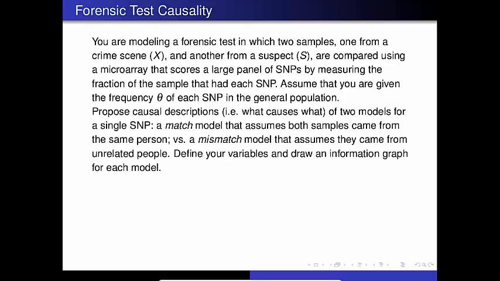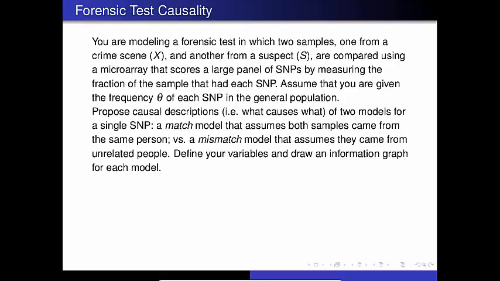X and S are both dependent on like kappa. Right. So basically when we say that they're from the same person, we've got to put some kind of random variable here representing the genetic state of that person, and then both X and S are going to get connected to that. And what you just proposed, basically, this sort of count of the number of copies of this marker that's present in that person, that's probably the simplest possible random variable that we could propose for describing their genetic state for this particular marker.